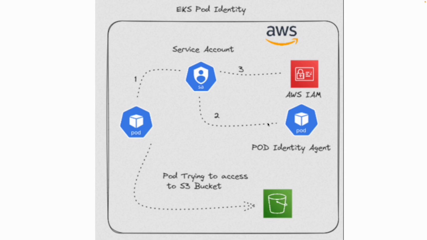And this service account needs the Pod Identity Agent as well as some AWS IAM permission or IAM role, which we will create when we start, so that only the pods which have the service account can use the specific service to which they want access.